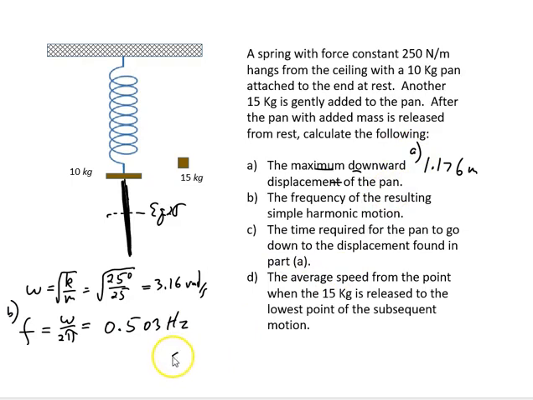And then for C, the time required, well, coming all the way down and back is a period, right? A cycle. Now the period is 1 over the frequency. And that gives us a period of 1.99 seconds. So if we're just looking at the time required to go down, that's half a cycle, right?